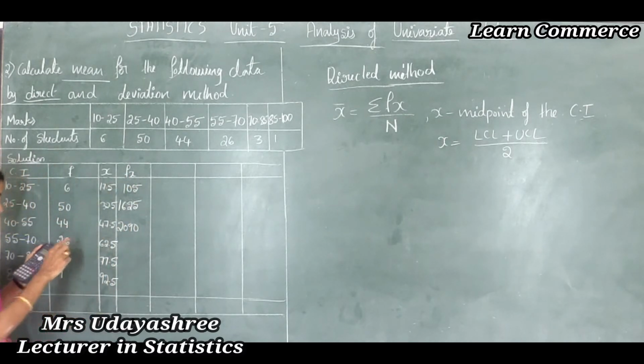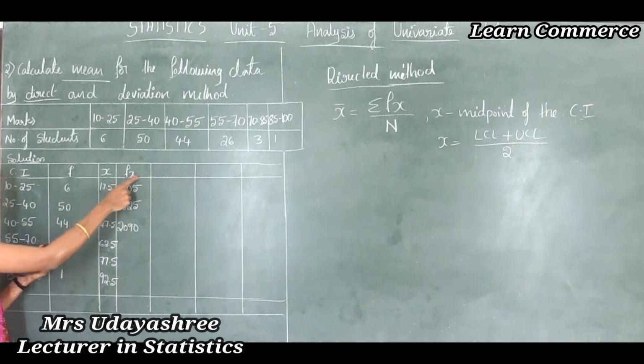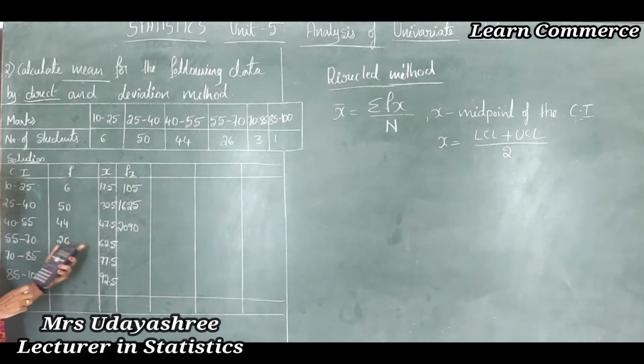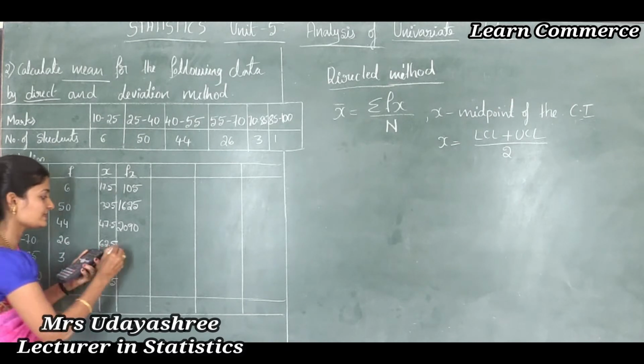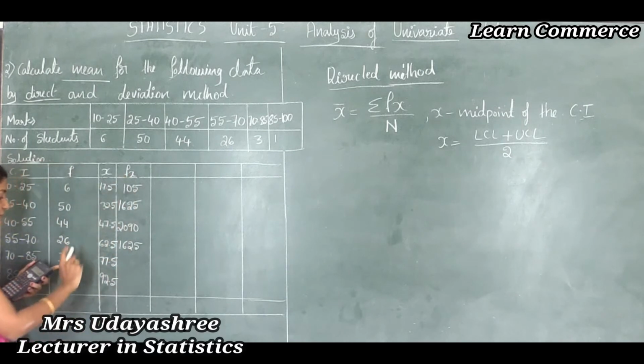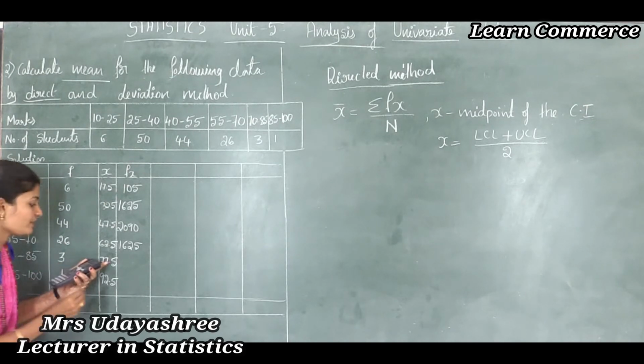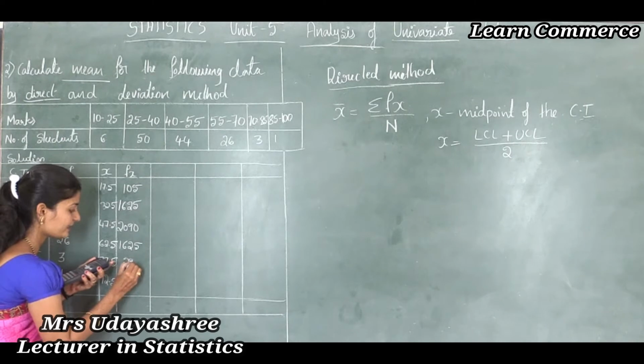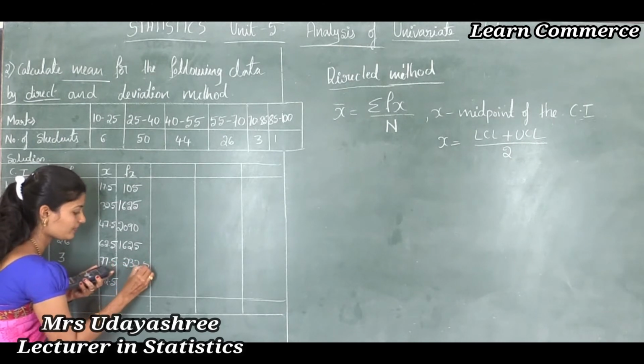Next f is 26 and x is 62.5. So 26 into 62.5 is 1625. Next f is 3 and x is 77.5. So 3 into 77.5 is 232.5.